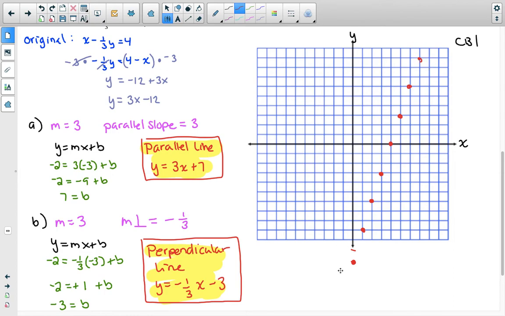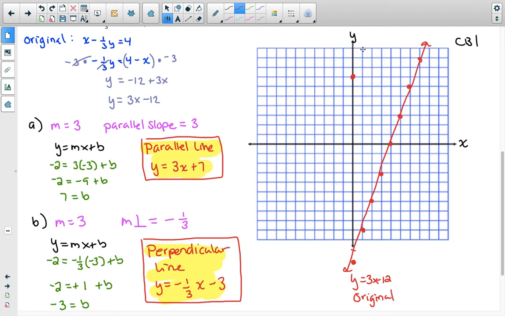This is our original graph. So this is y equals 3x minus 12. This is the original. We have the parallel line, which is 3x plus 7. So our first coordinate is 0, 7, right here.